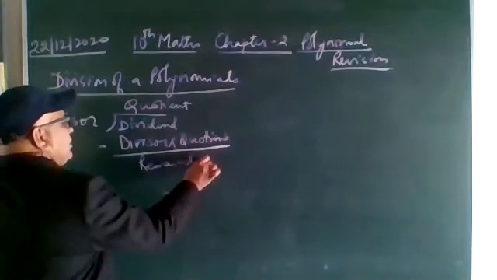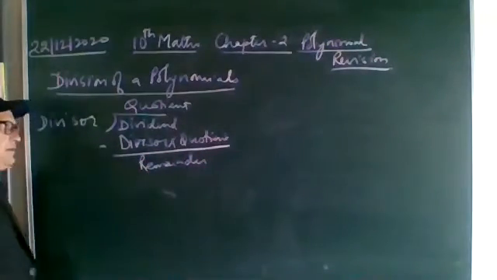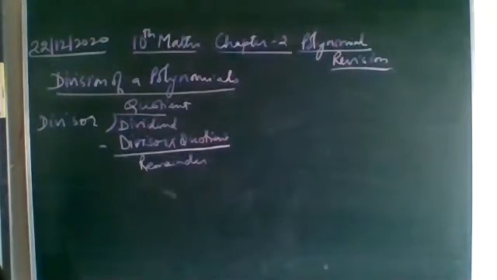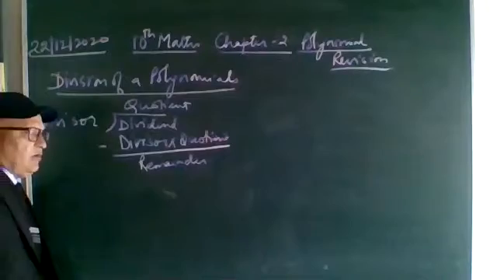But when we talk about numbers, we can write them in decimal form or in different forms. But in the case of polynomials, there are some different conditions.